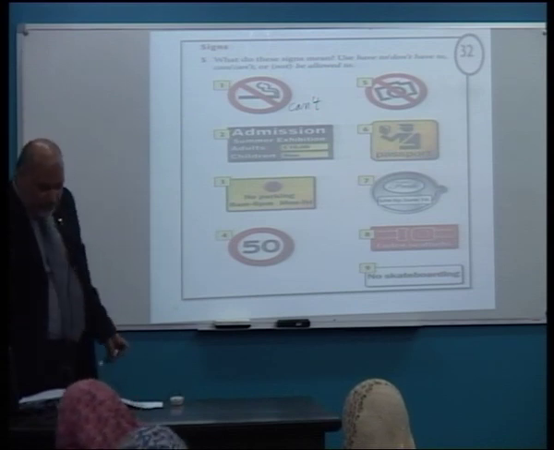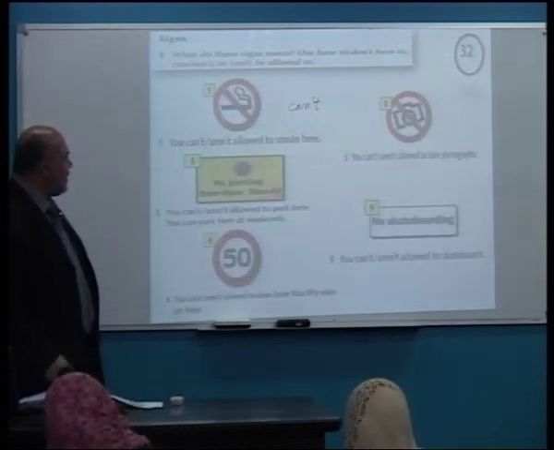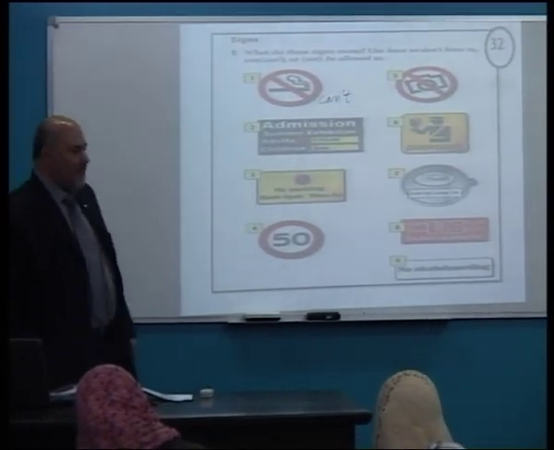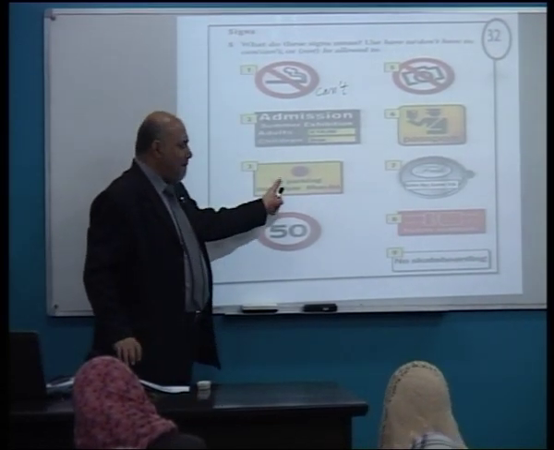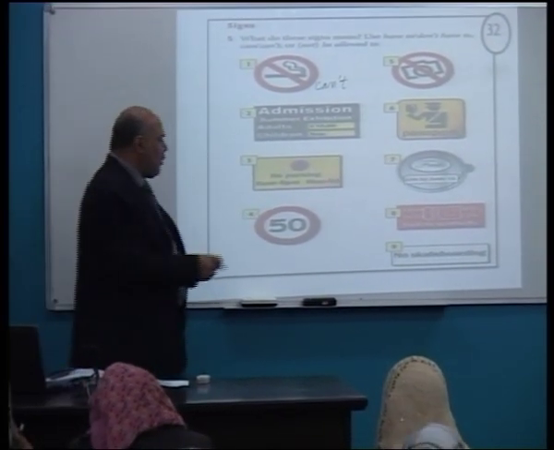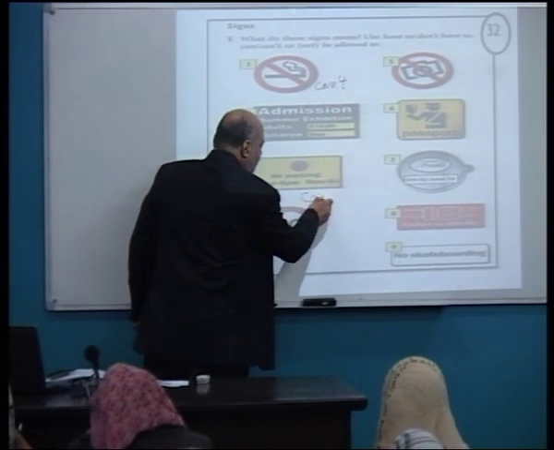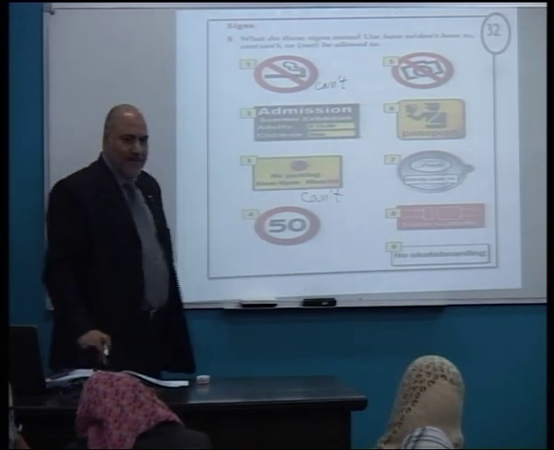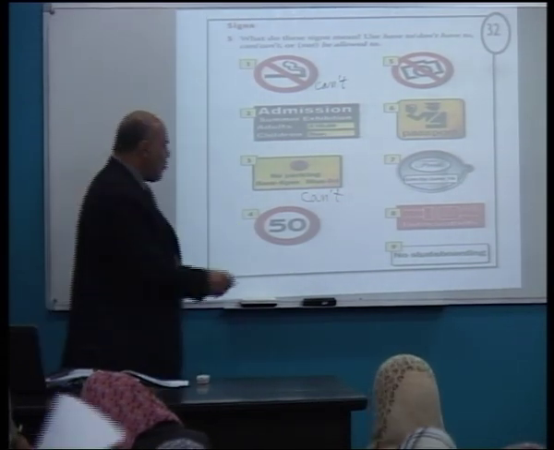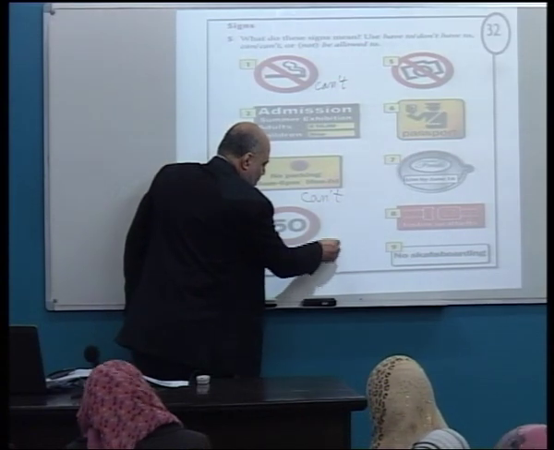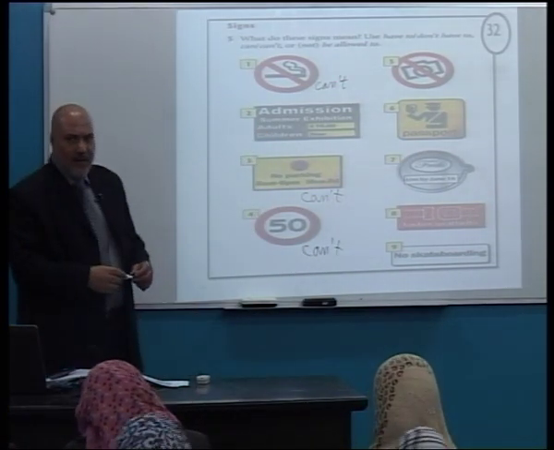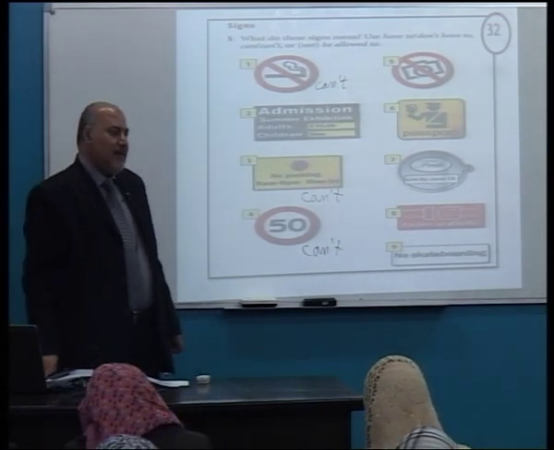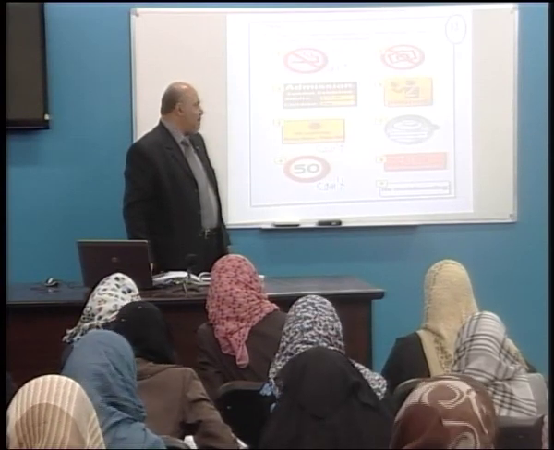Number two, also you can't smoke here. And what about here? You can't park here. What about this? You can't drive faster than 50 miles an hour. What about that?